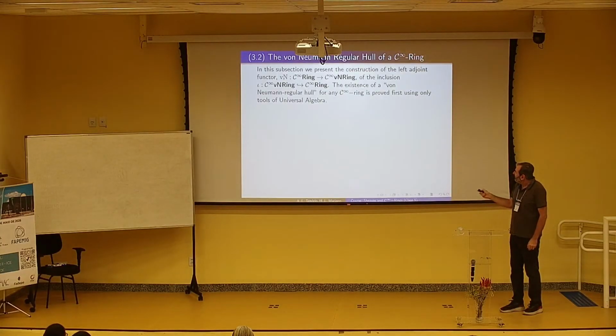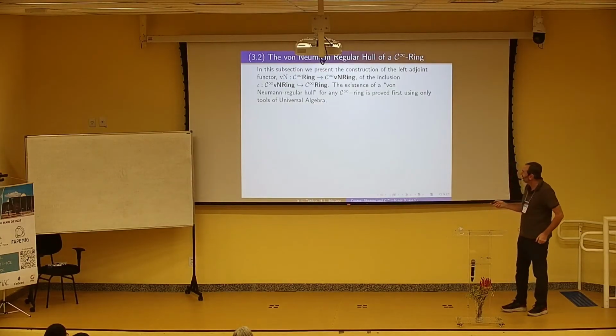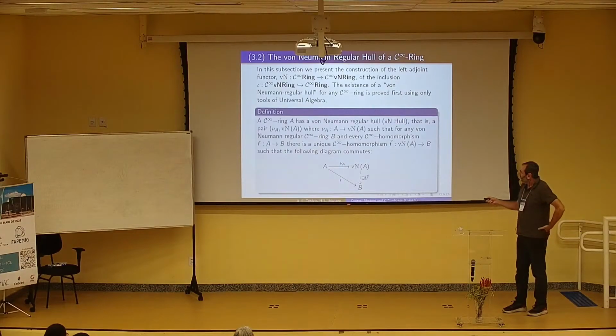Então, a primeira forma de fazer isso é na força bruta. Eu estou chamando de força bruta a técnica de álgebra universal. A força não bruta é essa coisa mais geométrica, feixes e tal, e vamos ver como. Então, a gente está procurando isso: dado A um anel sem infinito qualquer, estamos procurando um anel sem infinito fonema regular e um morfismo de um para o outro que é universal.